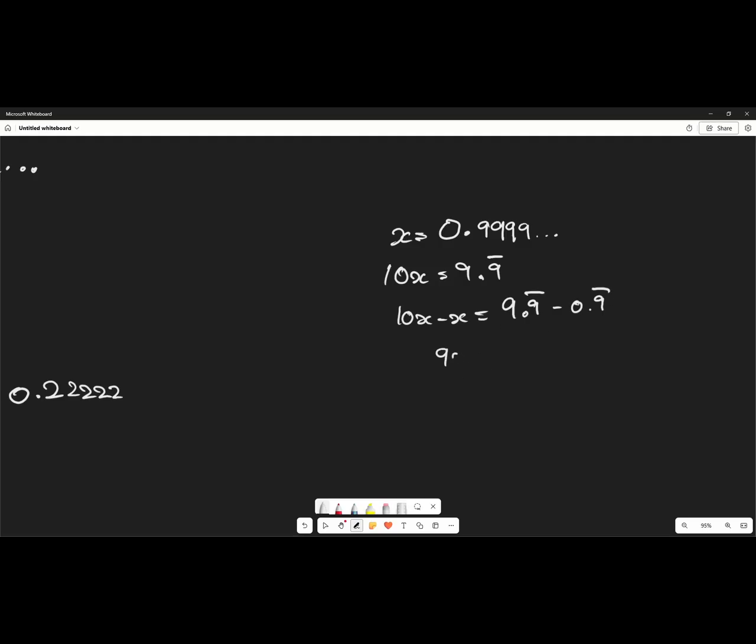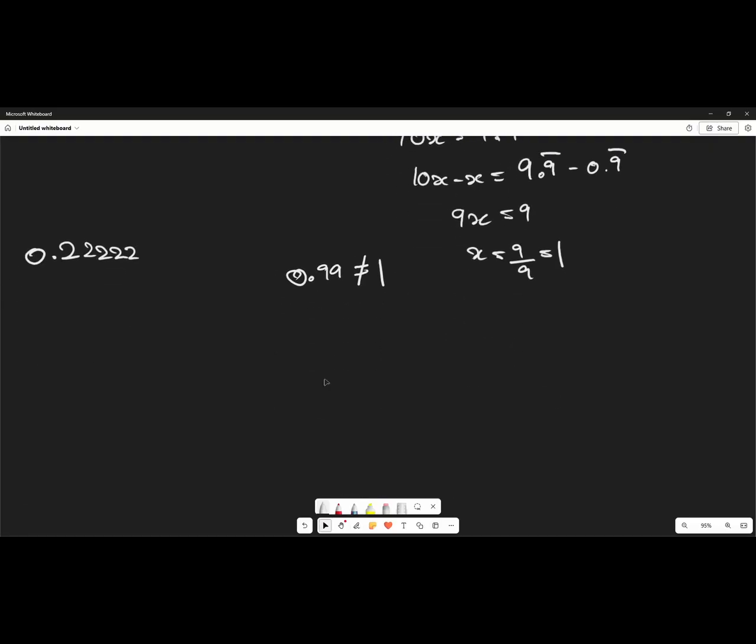So 9x is equal to 9. Now if you notice, 0.99 is not equal to 1. So it's the closest approximation we have. But 0.99 can be approximated to 1. This is why we get this answer.